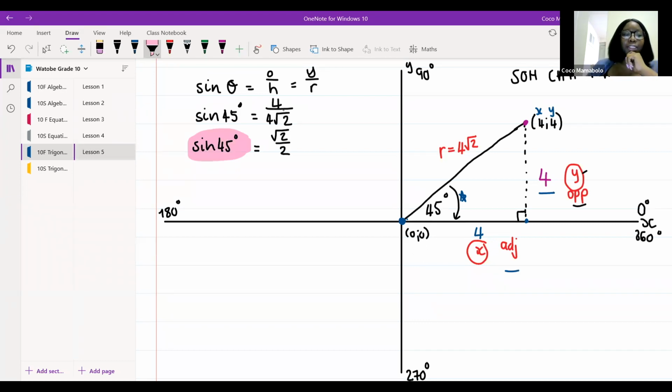Amelia, that's surprising. It should give you that. Remember, don't click shift. Make sure your calculator is in degrees.